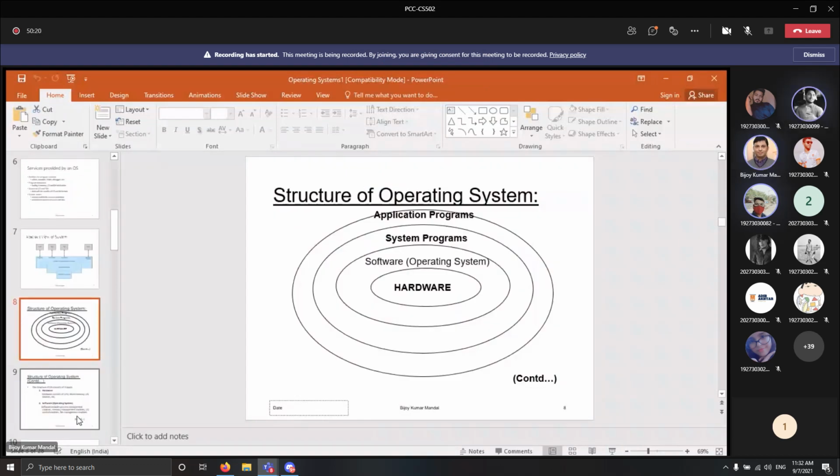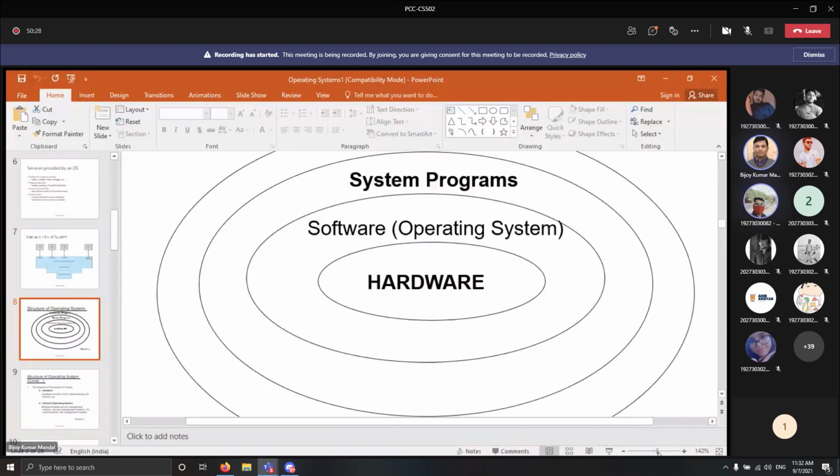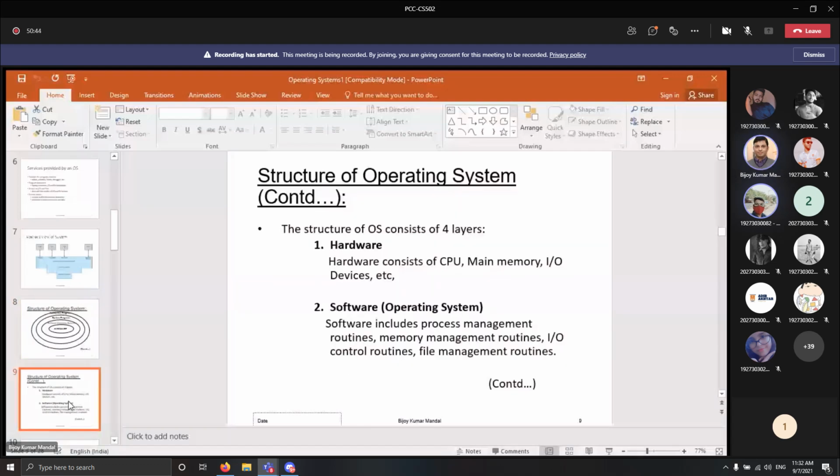But when I go to the slide show, at that time you are not able to watch the screen. Now you are able to watch. Tell me. 8th slide, structure of operating system. No, that is slide number 9. Structure of the operating system continues.